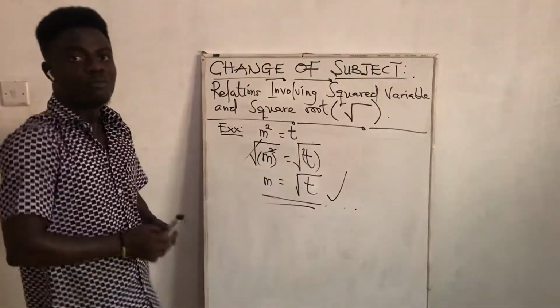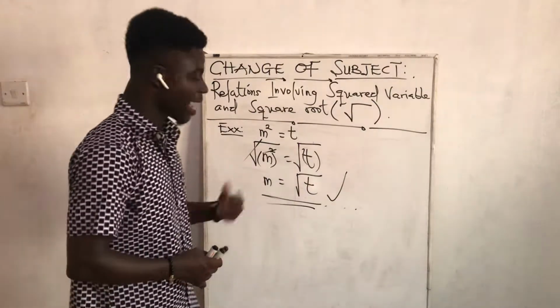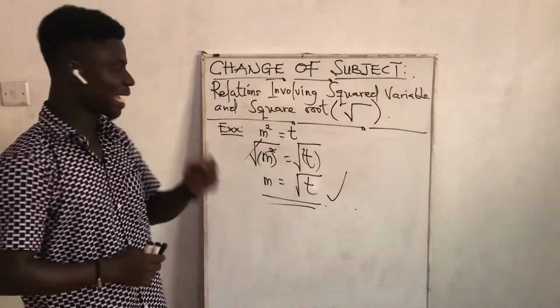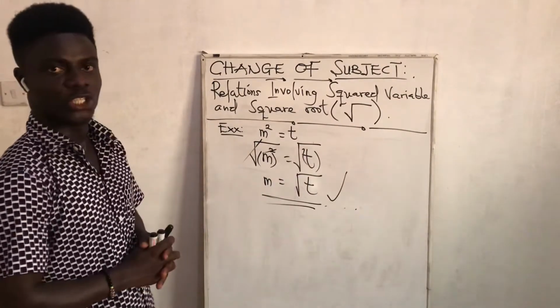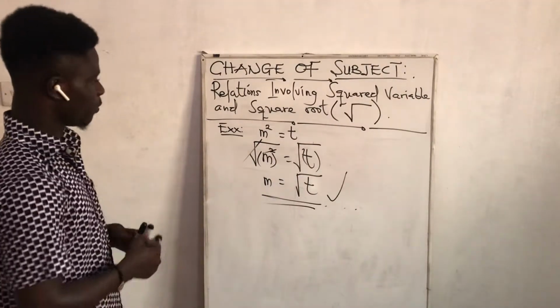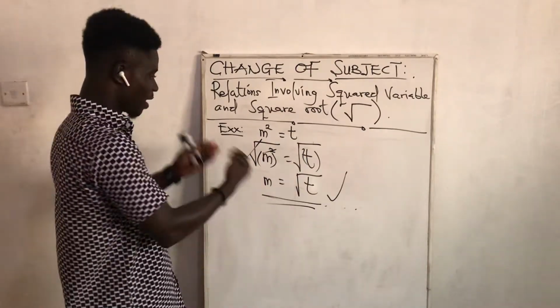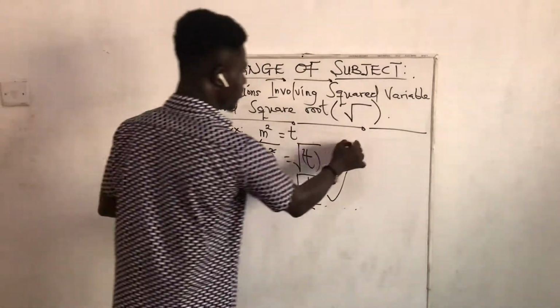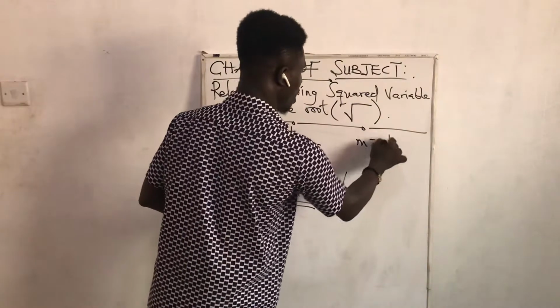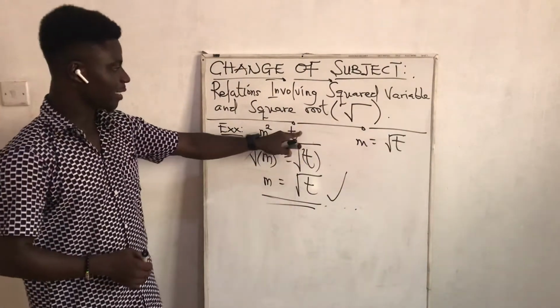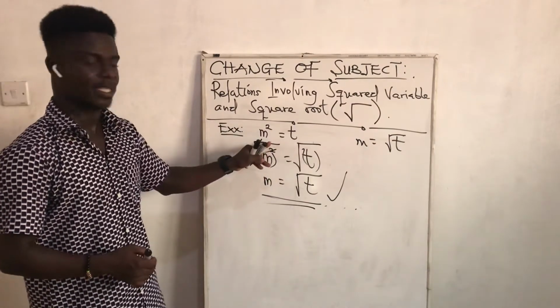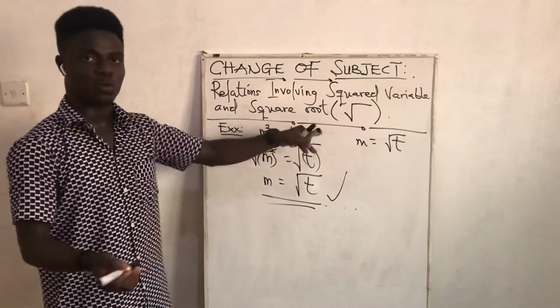Now we've made m the subject, not m squared, of this relation. If you want to test whether your answer is correct, m equals square root of t, you want to make t the subject.